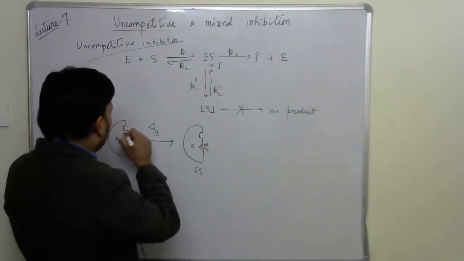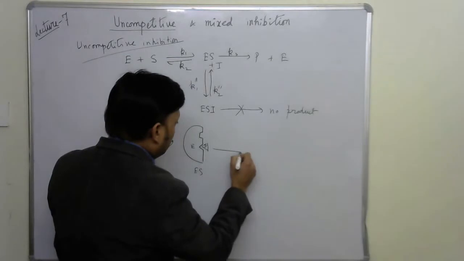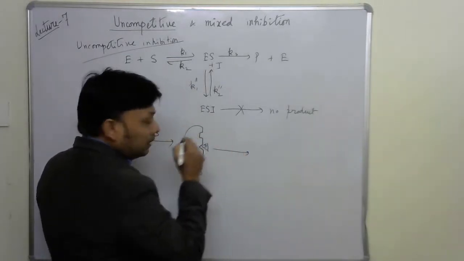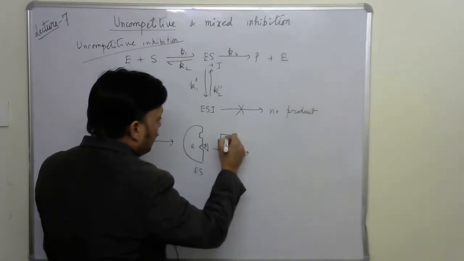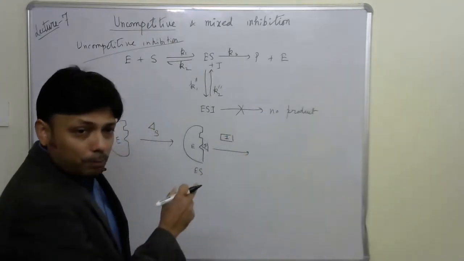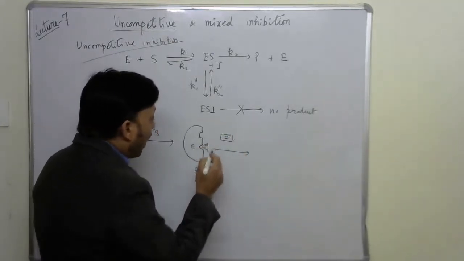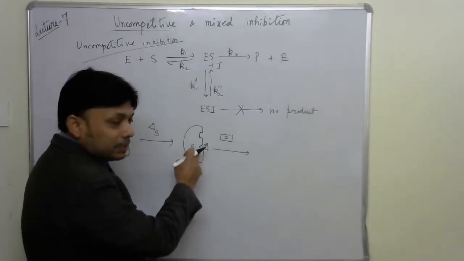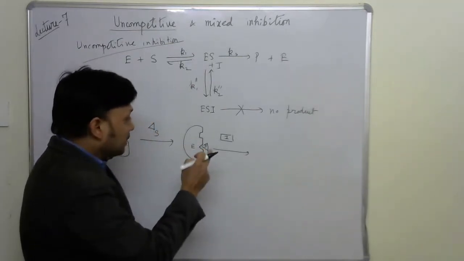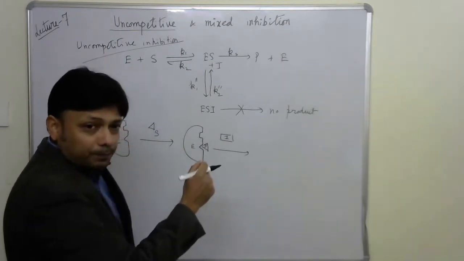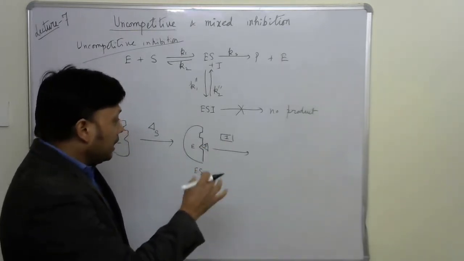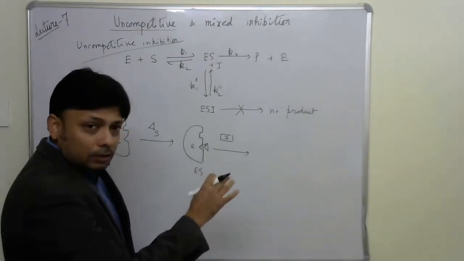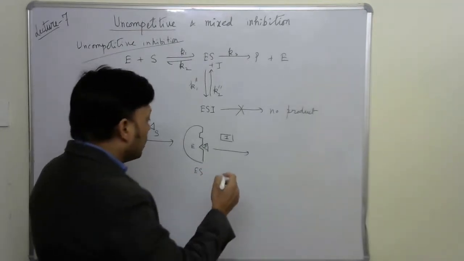But you see, there is another position available for the inhibitor. Here the inhibitor may be thought of as having a different geometry, which is unable to directly bind to the active site, but it can bind to the enzyme substrate complex at another site so that it can block the enzyme's activity.